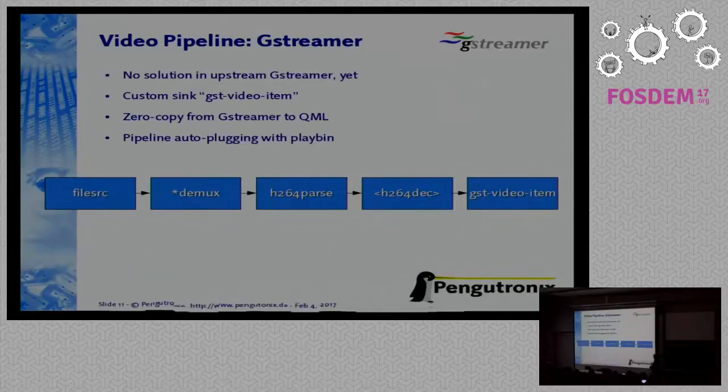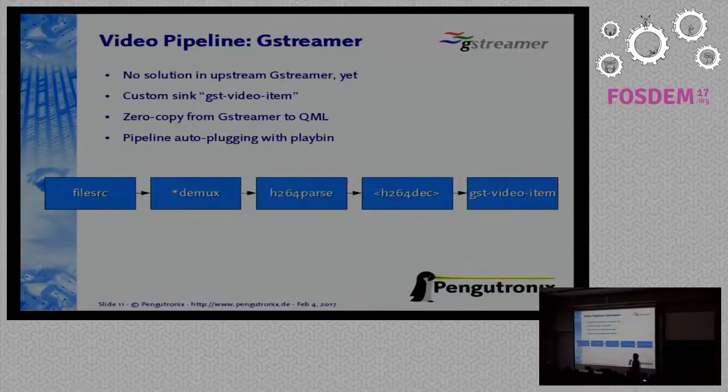So this is one very important part I'd like to emphasize once more. We do not need to copy when we go from GStreamer to QML. And then we have some autoplugging, which is a mechanism in GStreamer to build up the pipeline. Very simplified, it looks like this. We have a file source for reading the files from our file system.